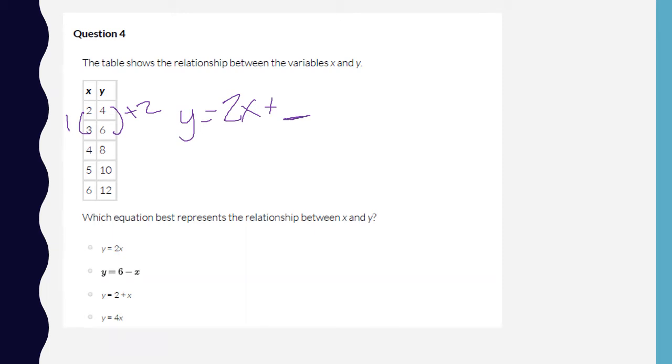So I could kind of go towards maybe this one. Okay, but on this, I would suggest just plugging them in. And you always want to try at least 2 points. So you've got y equals 2x, and I'm going to plug in the first point.